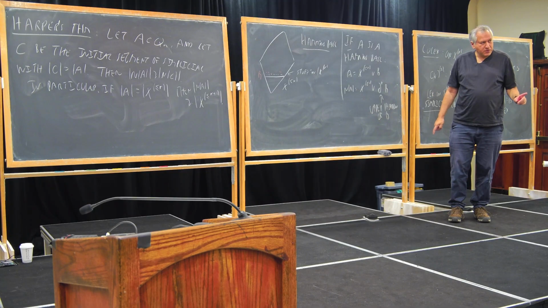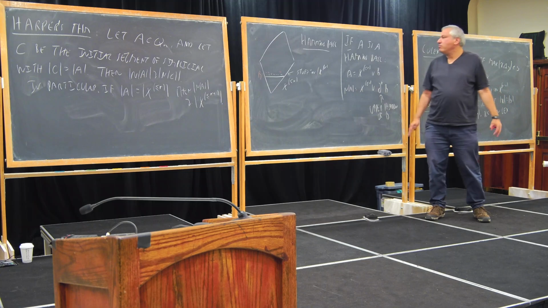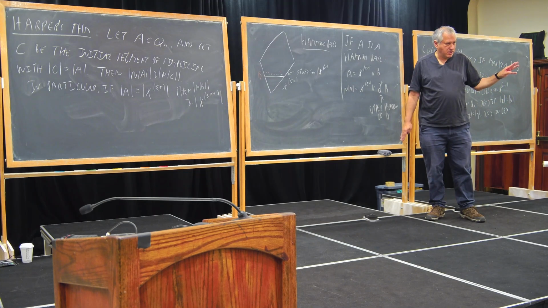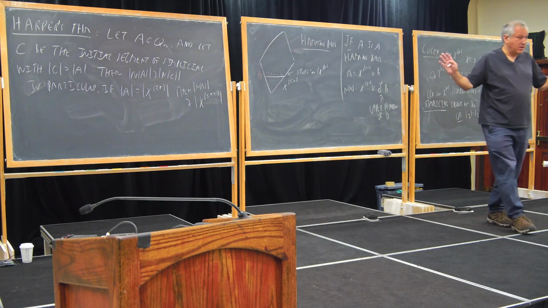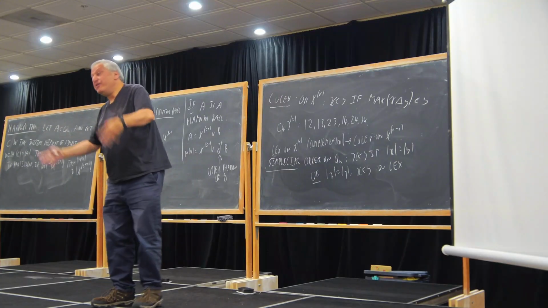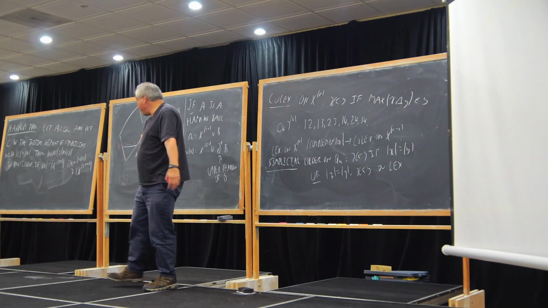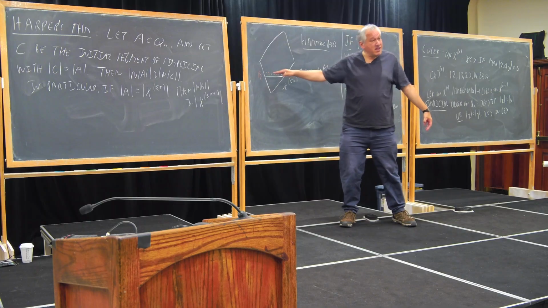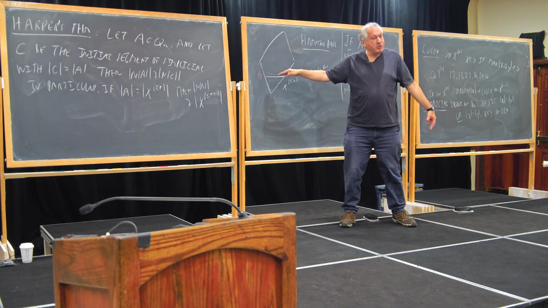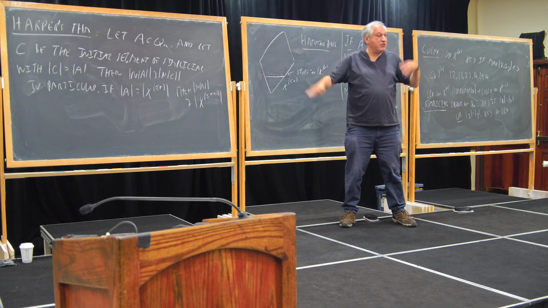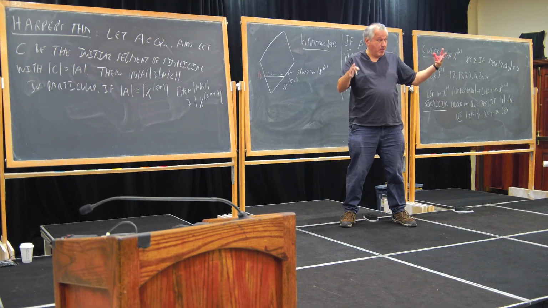So, suppose you know Harper's theorem, what does that tell you when A is of this form? Answer, it would tell you that if you're picking 10 things in level R, and you want to minimize the upper shadow, take the initial segment of Lex. That would follow from Harper's theorem.